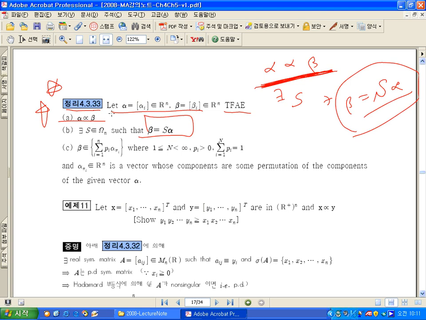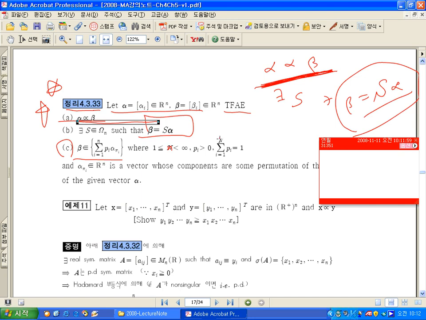Alpha is majorized by beta, if and only if there exists a doubly stochastic matrix S such that beta is equal to S alpha, if and only if beta is in the set of summations of p_i alpha_pi_i, where n is between 1 and infinity, the p_i are positive real numbers, and the summation of p_i is equal to 1.